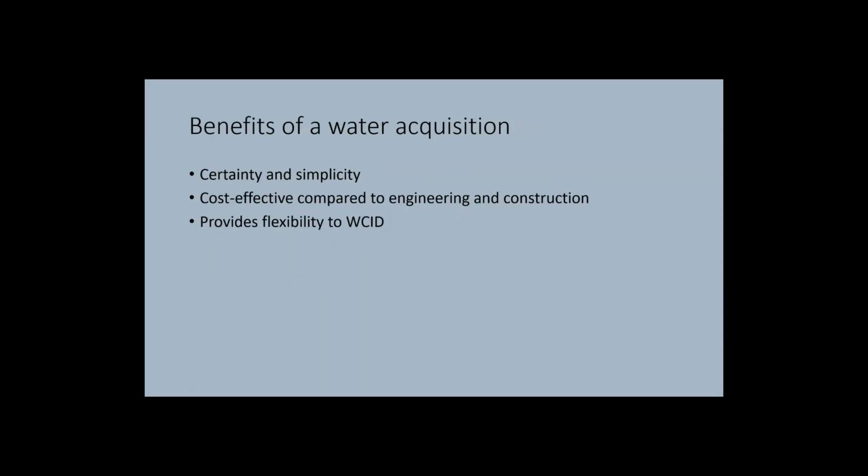Some benefits of a water acquisition. It's fairly straightforward. If you can get to a point where an irrigation district is interested and willing to entertain a water acquisition, then for environmental purposes, we get the water and it's dedicated to in-stream flow. You don't have to go through years of engineering and design and construction.